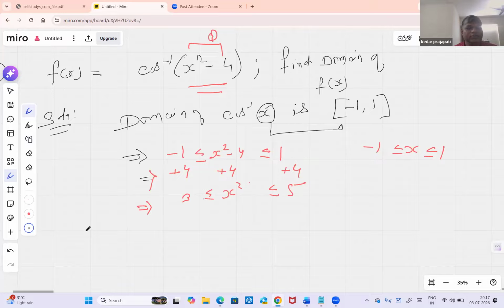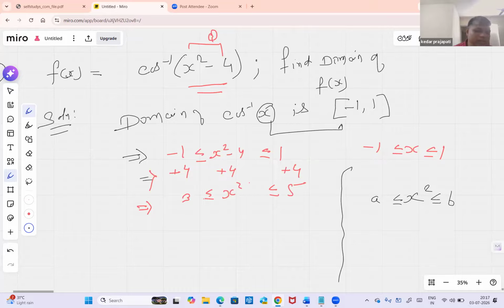Now, you must have learned this identity. Right? The identity is: if x square is between a and b, what will be its range? It means we can solve them separately, right?